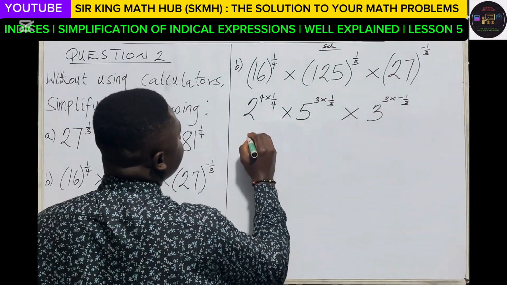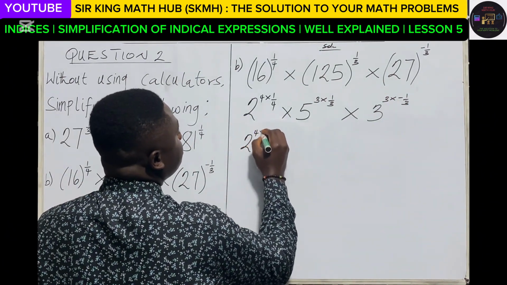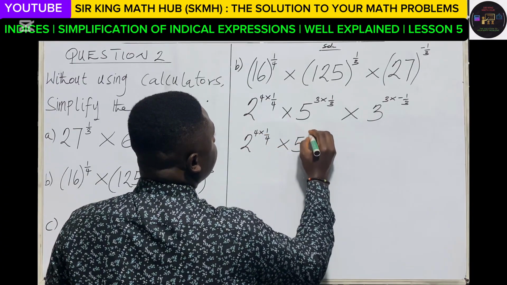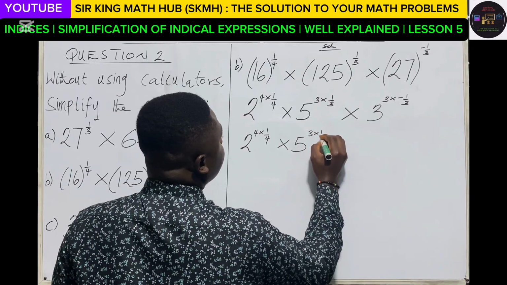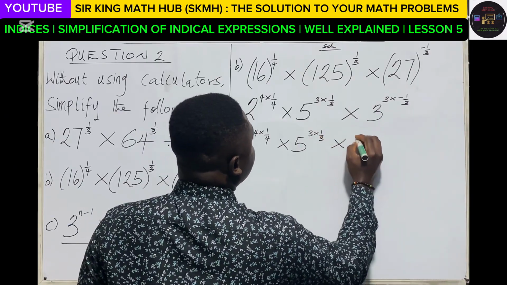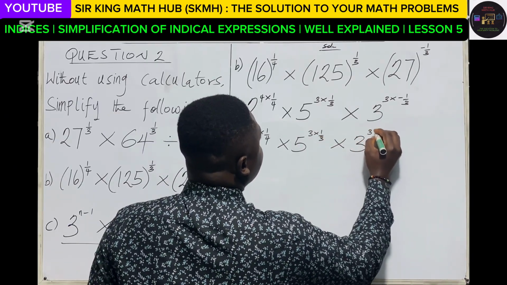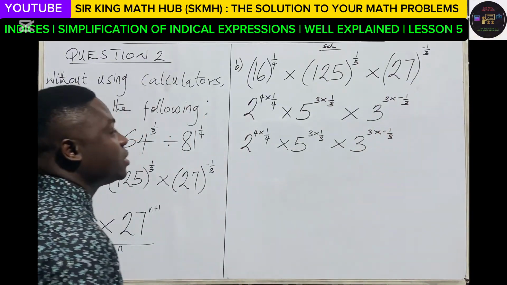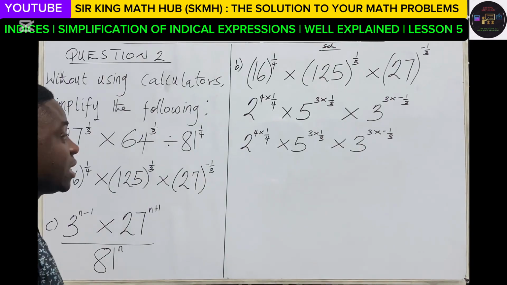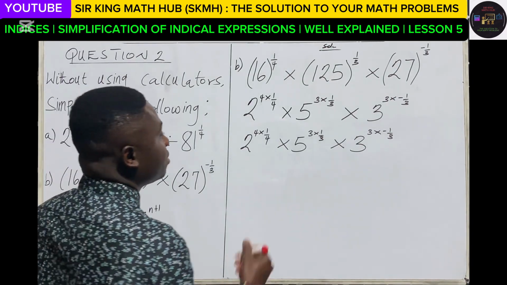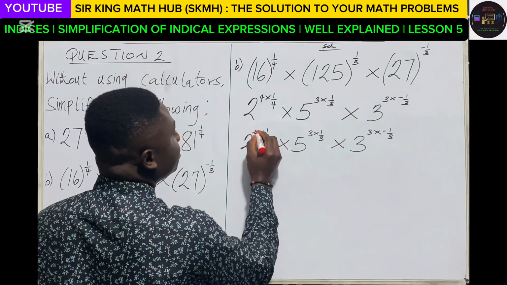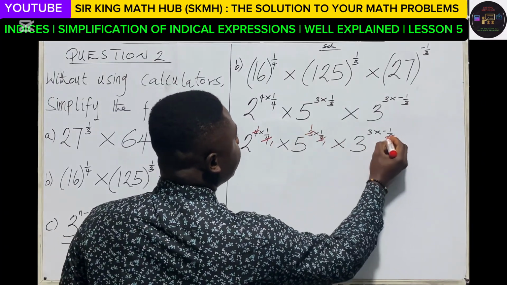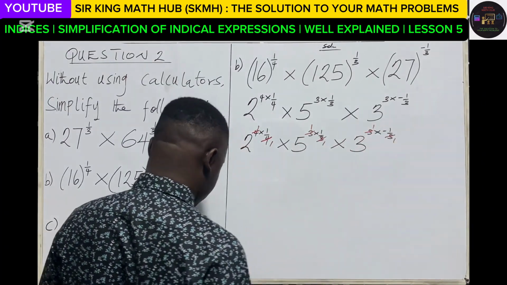Let me repeat this. We could see that we can cancel out some of the indices. 4 goes here, 1; 3 goes here, 1.